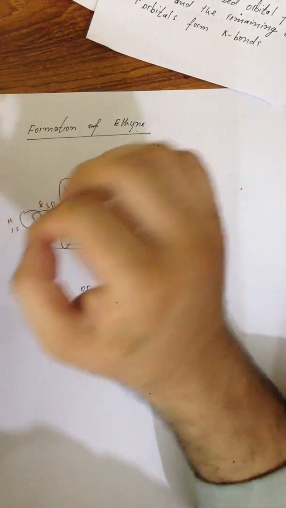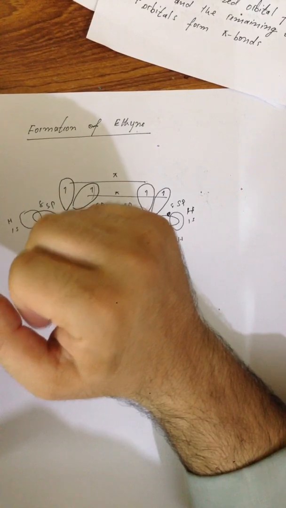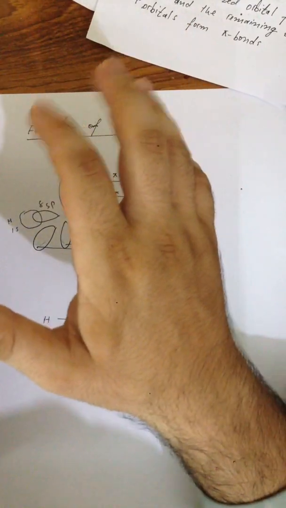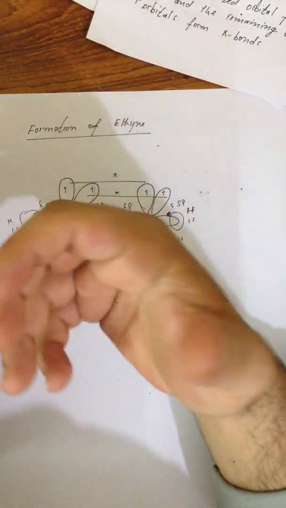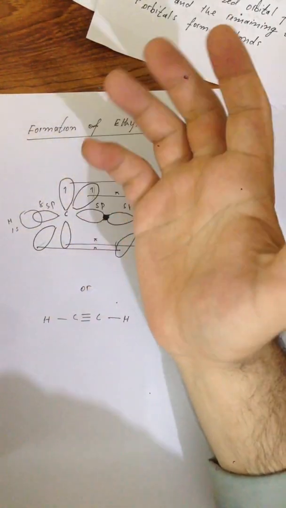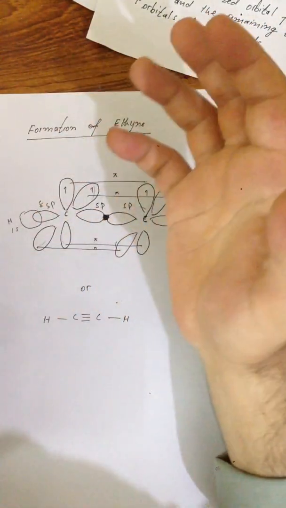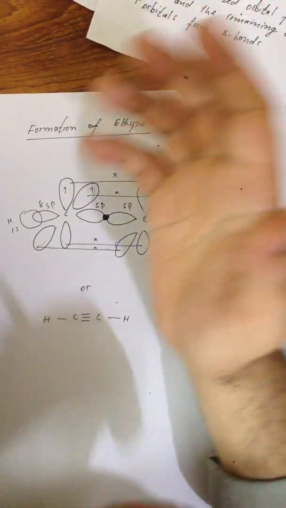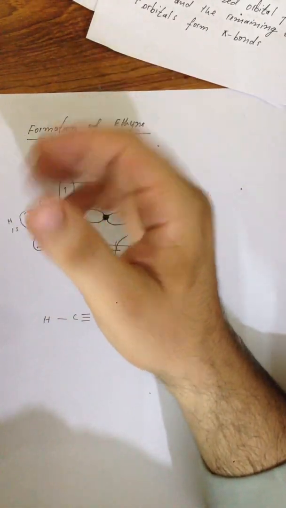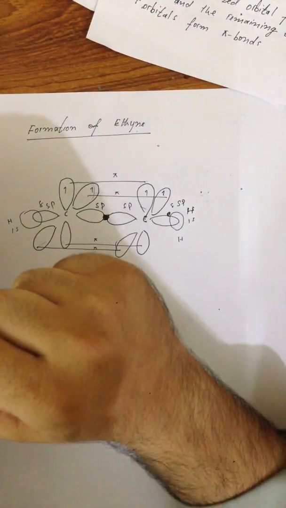So hybridization is a very useful concept, and without having a clear understanding of hybridization, one cannot understand how organic compounds are formed and how organic reactions proceed, and one cannot explain the properties of organic compounds without invoking the concept of hybridization.